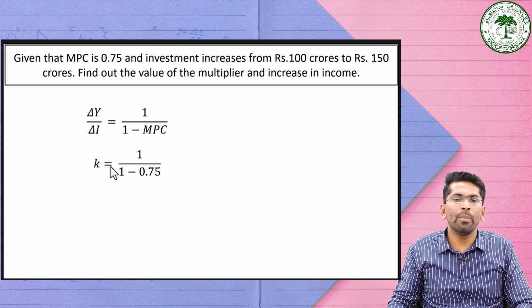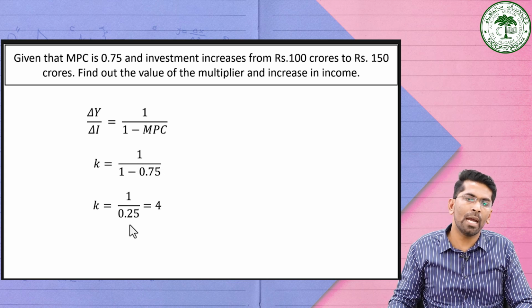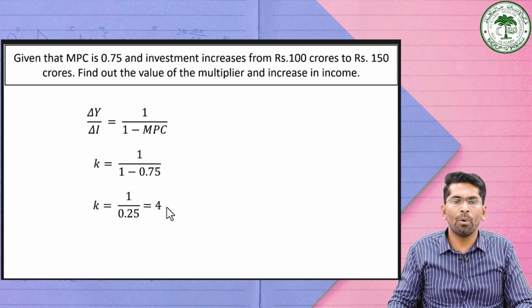So the multiplier is 1 by 1 minus MPC. Here MPC is 0.75, so the multiplier will be 1 by 1 minus 0.75, which is 0.25. So 1 by 0.25 is equal to 4. So the size of the multiplier here is 4.